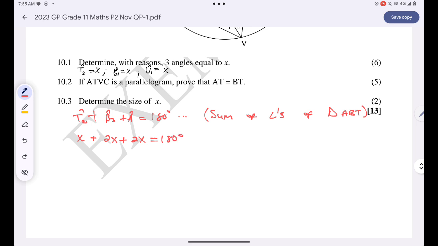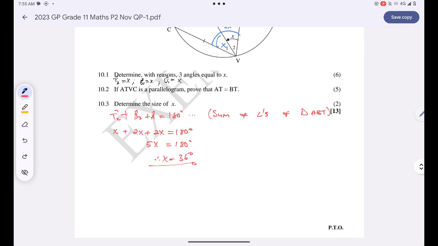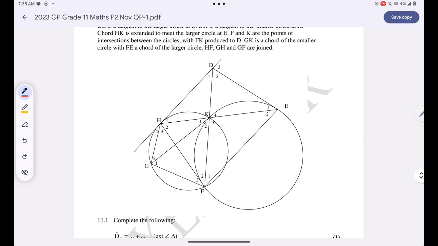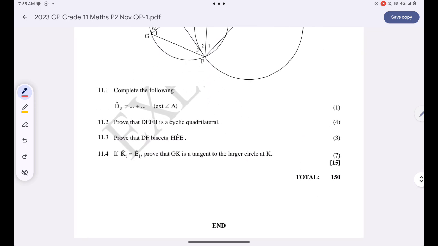This is equal to 180 degrees. 5x is equal to 180 degrees. Therefore x is equal to 36 degrees. So that's how, guys, we could have tackled question 10. Let's just get into question 11.